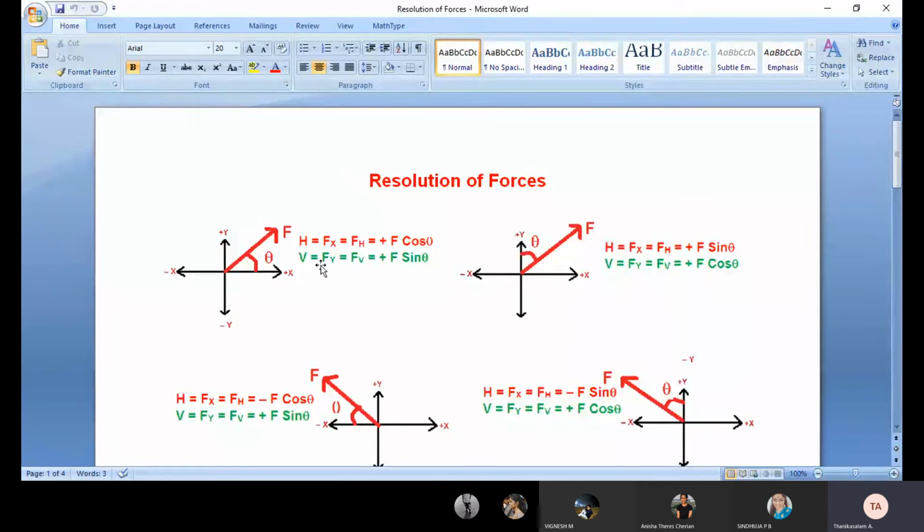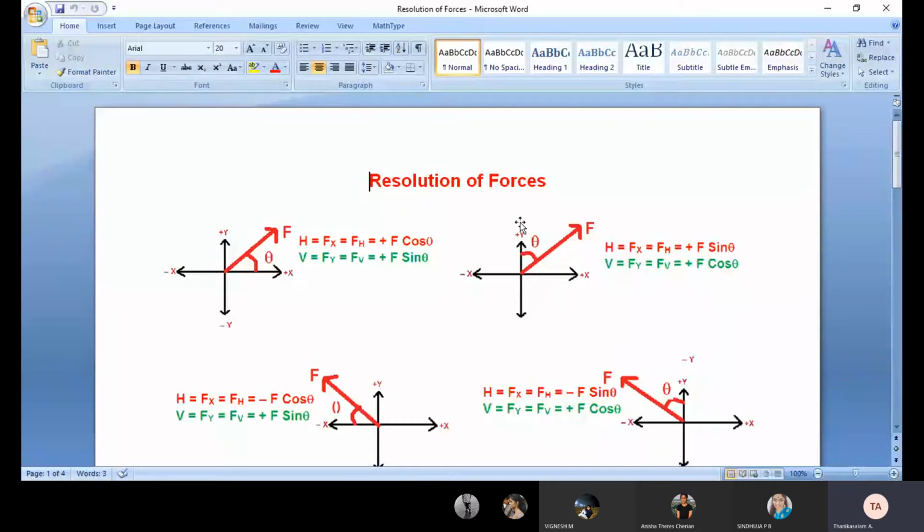Understand? The same force, first quadrant, but now theta is with respect to the y-axis. Now see the horizontal component: Fh equals F sin theta. The horizontal component becomes sin theta.